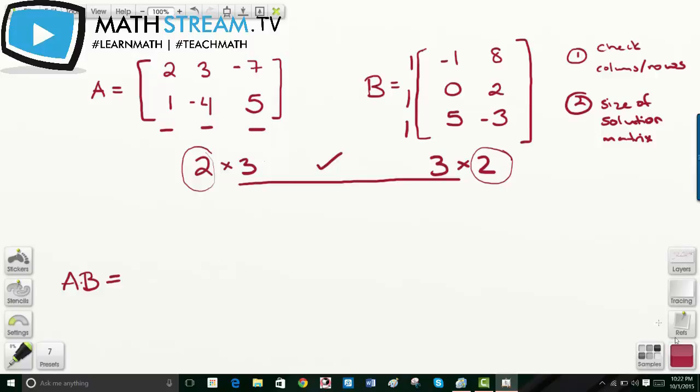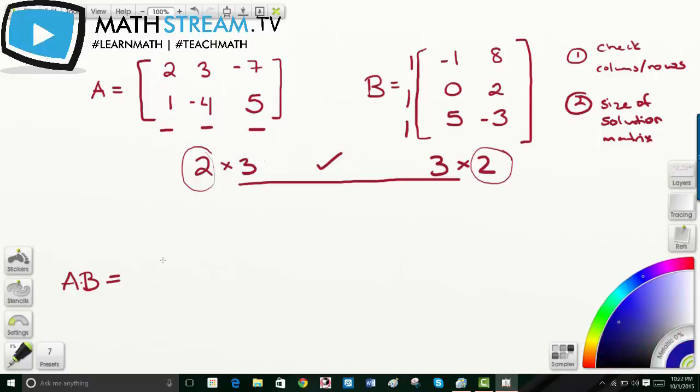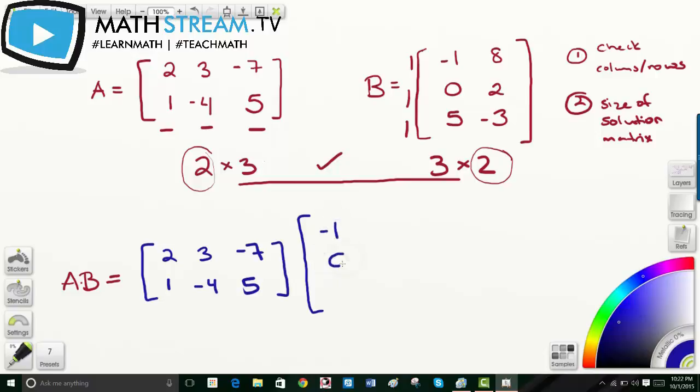So let me write all this out the way that I would if I was solving this on a piece of paper. First thing I do is say A times B. Let's write all these numbers out next to each other to make the multiplication easier. So I'm just copying A, and then I'm copying B. And then I'm going to write the size of the solution matrix.